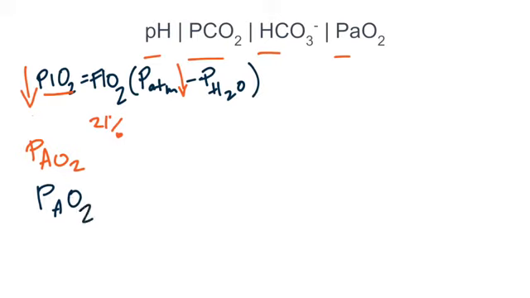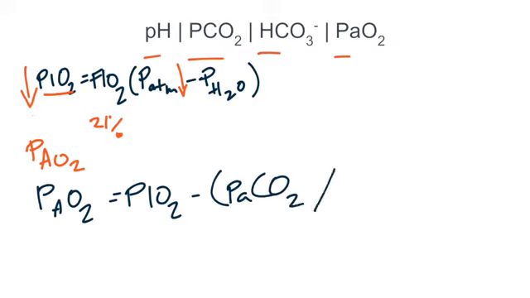Recall that P big A O2 equals PiO2 minus P small a CO2 over R, where P big A O2 is the partial pressure of oxygen in the alveoli, PiO2 is the partial pressure of inspired air, P small a CO2 is the partial pressure of carbon dioxide in the arterial blood, and R is the respiratory quotient.